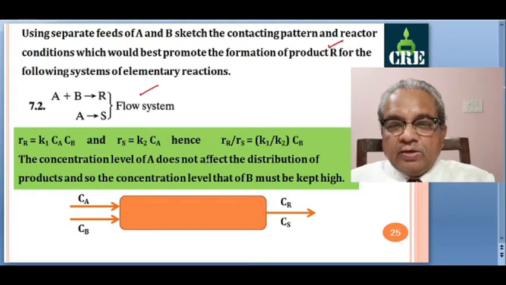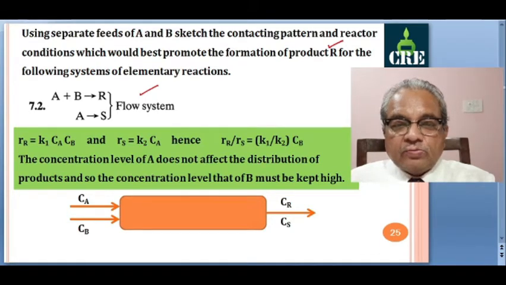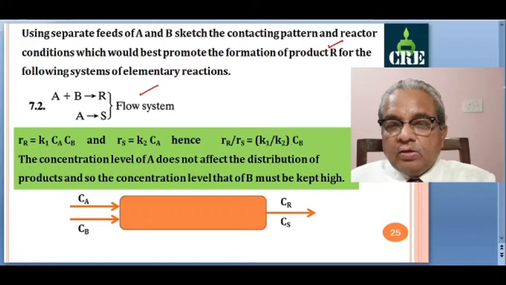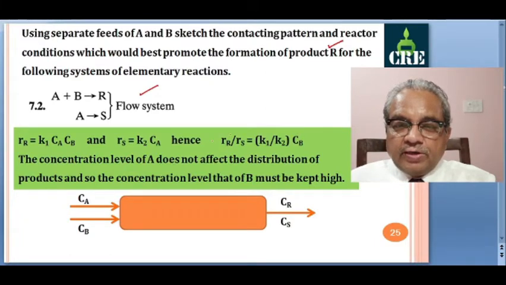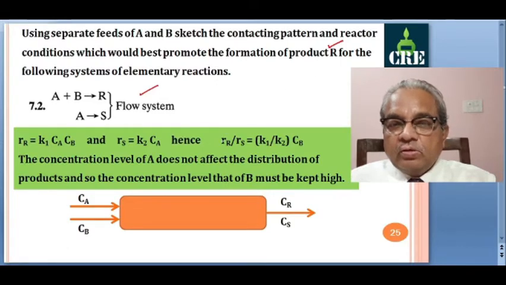The concentration level of A does not affect the distribution. It is independent of A. And the concentration level of B must be kept high. The higher the range of concentration you operate at, the higher the formation of product you will get. So this is a flow system, and we want to maintain this high.